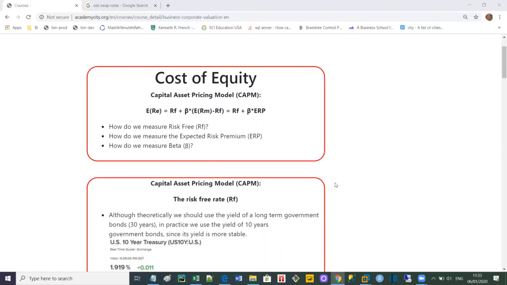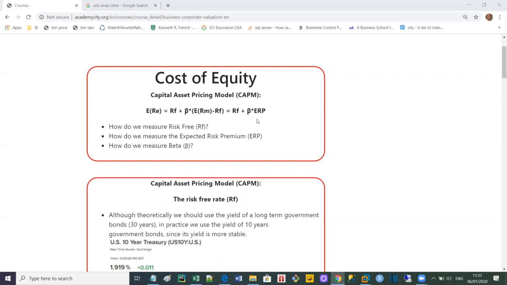How do you implement estimating cost of equity in real life using the CAPM model? The CAPM model has three components. The risk-free, the beta of the company, and the difference between the expected return on the market portfolio, RM, over the risk-free.